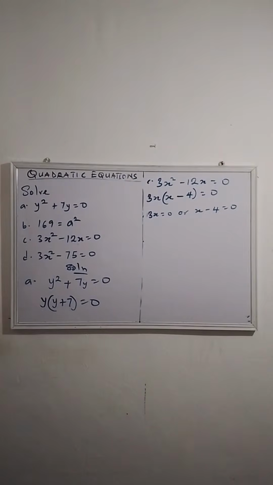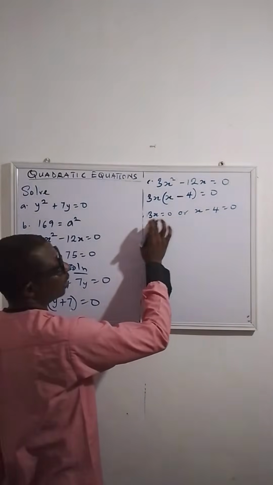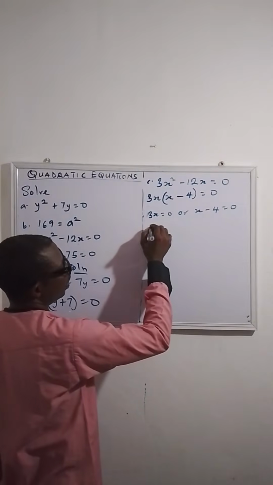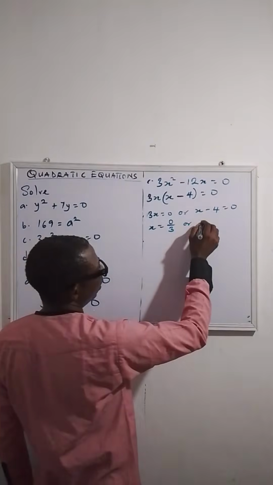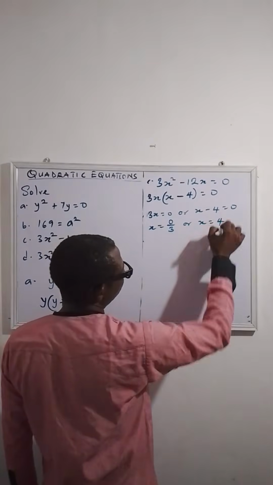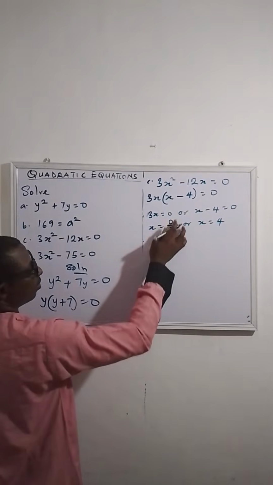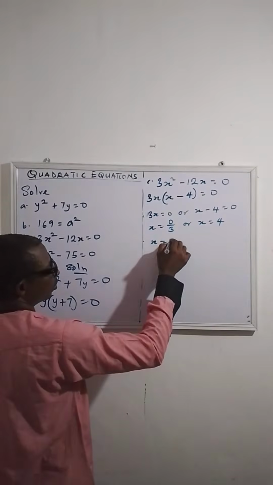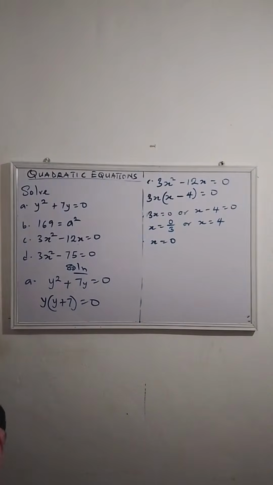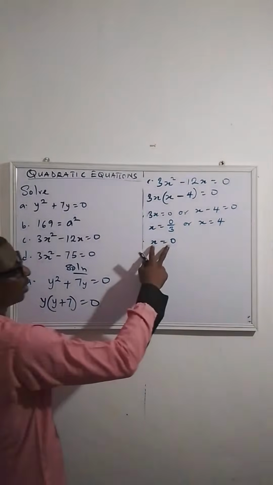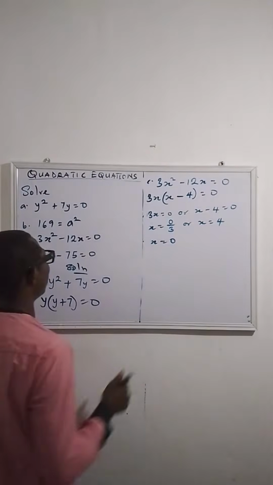Here you can divide both sides by 3 so that we get the value of x. We have x equals 0 over 3 or x equals 4. Now 0 over 3 is the same thing as 0, so x equals 0. So we have the two answers, which are the roots of this quadratic equation: x is 0, x is 4.